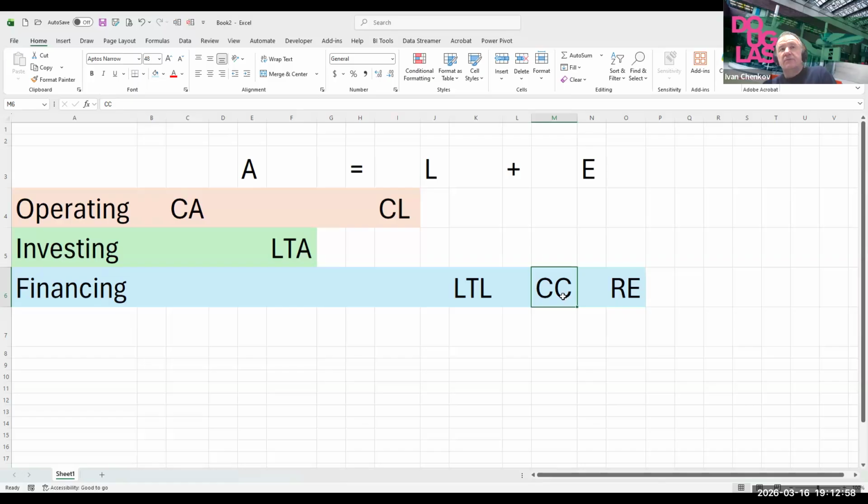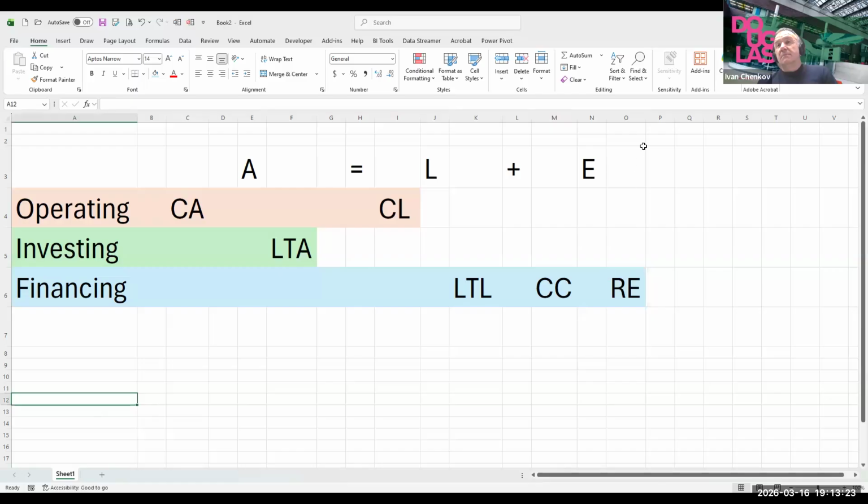So that's your cash flow statement: operating activities catch working capital, current assets and current liability; investing activity catches the long-term assets; and financing activity catches the long-term liability and the changes in the equity section of the balance sheet. Those are elements of the balance sheet, as we already know.